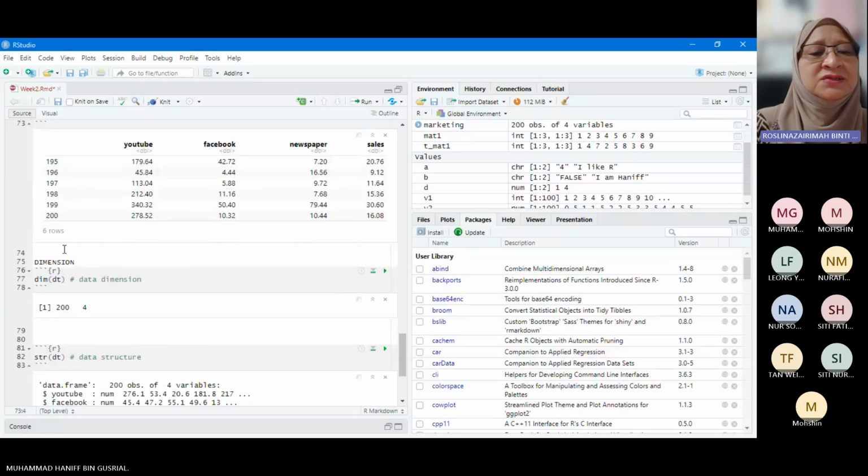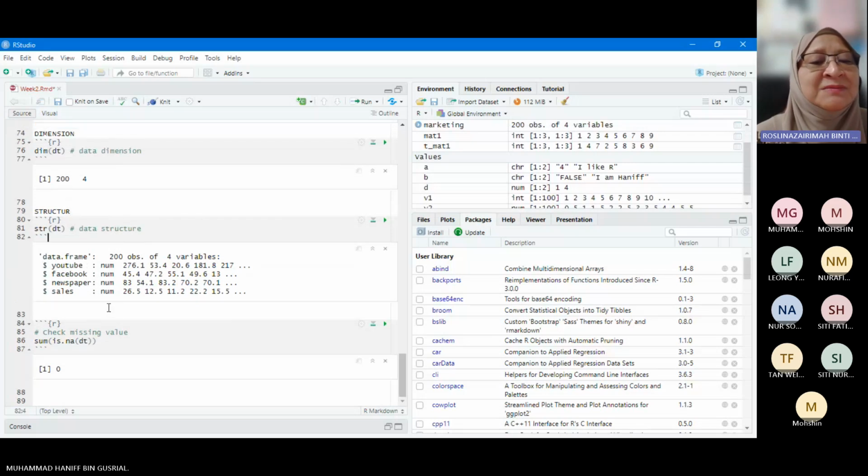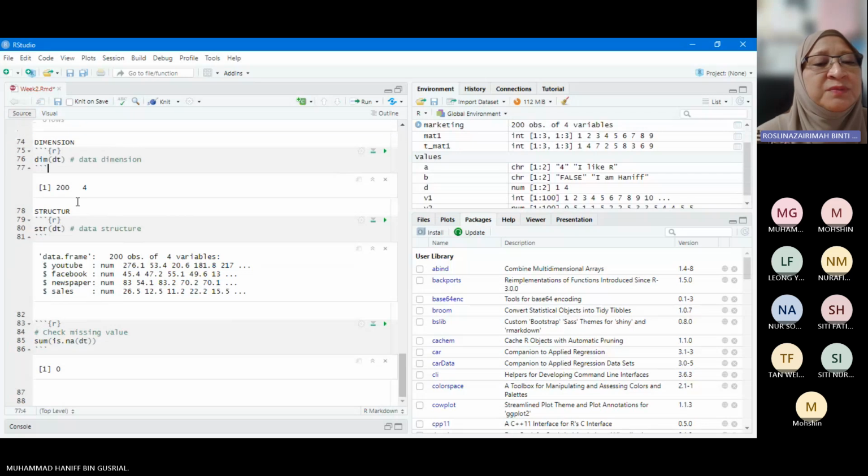And str, we want to see how the data is being recorded. Yeah, it is being recorded in a data frame. So you have 200 observations times 4 variables. The variable names are YouTube, Facebook, newspaper, and sales. So the data is actually marketing data.